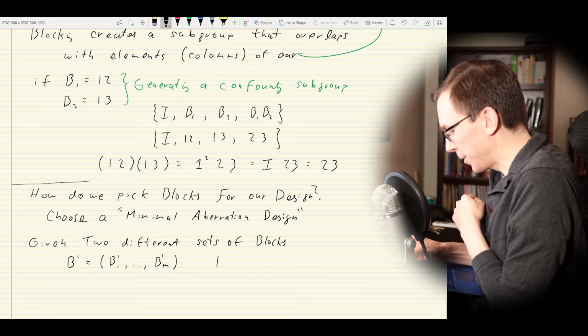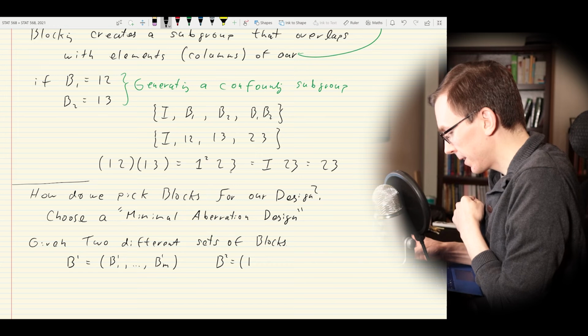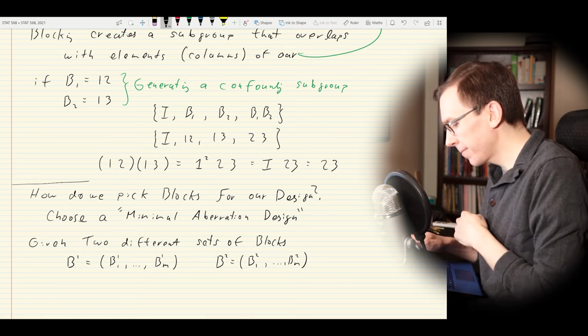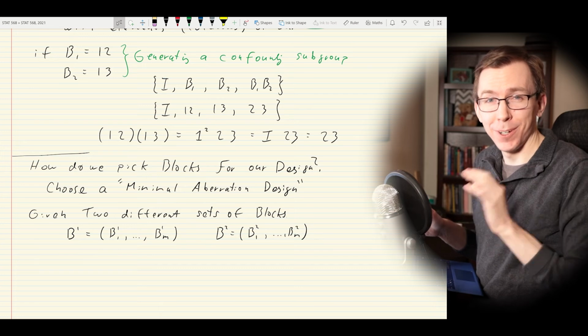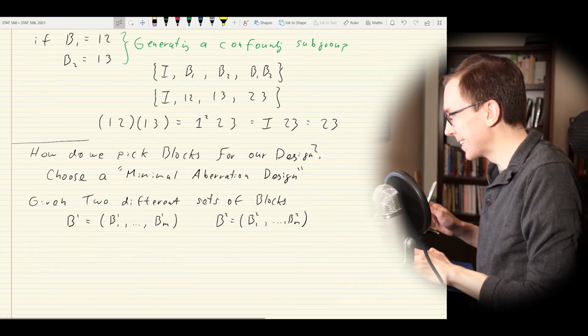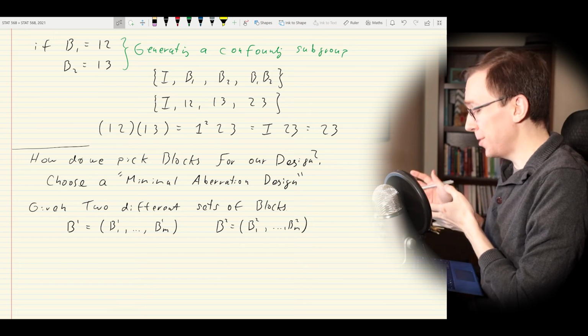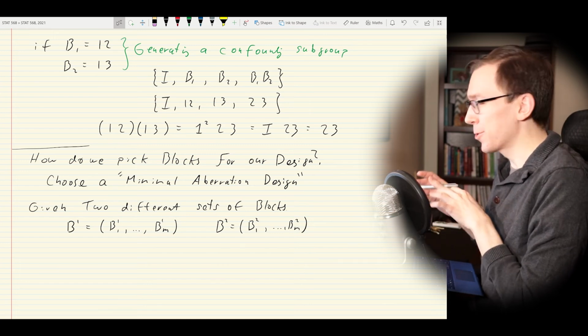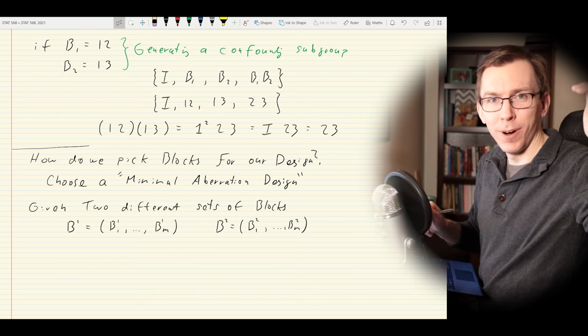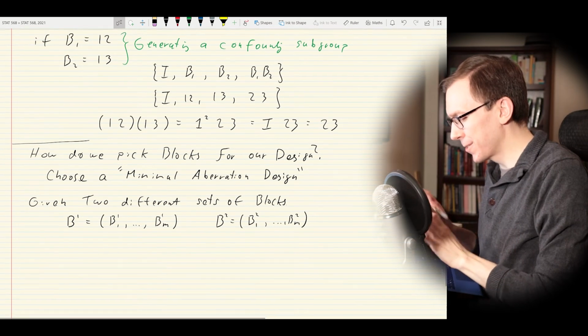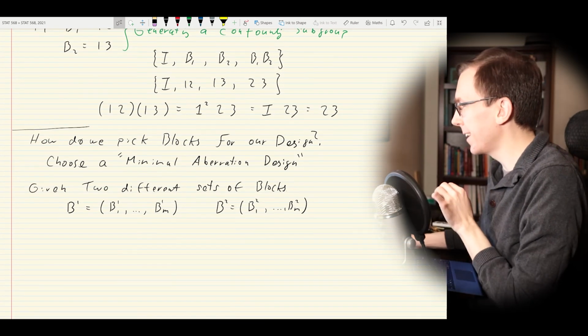And then we'll have capital B2, which will be our other block set, B21, up to BM2. We'll do an example after we're done with all this, so stick with me while we go through this. So now we have 2 different block schemes. These are all indices, the 1 and the 2 superscripts and subscripts, so we're not multiplying or squaring anything here, just to be clear.